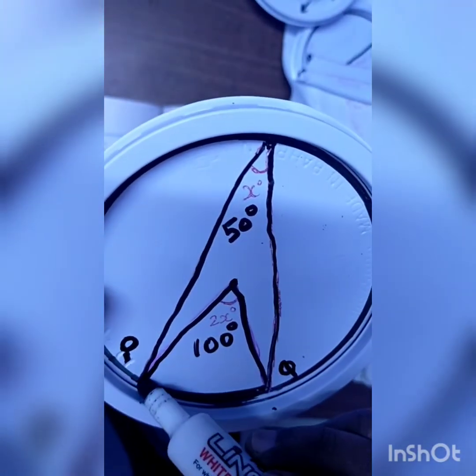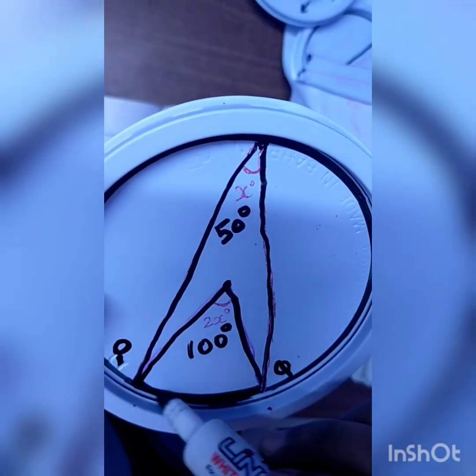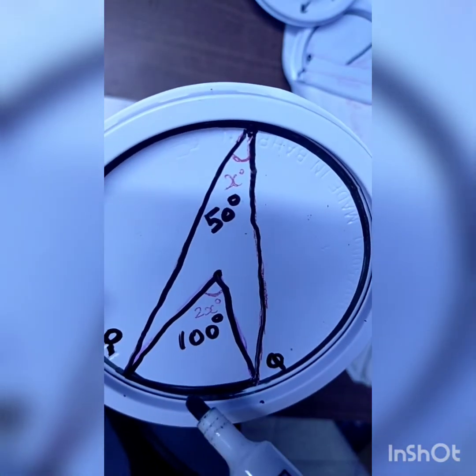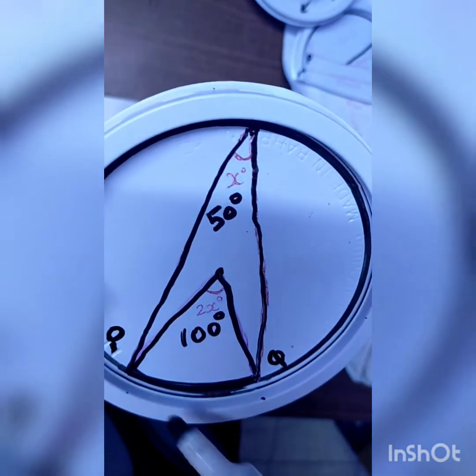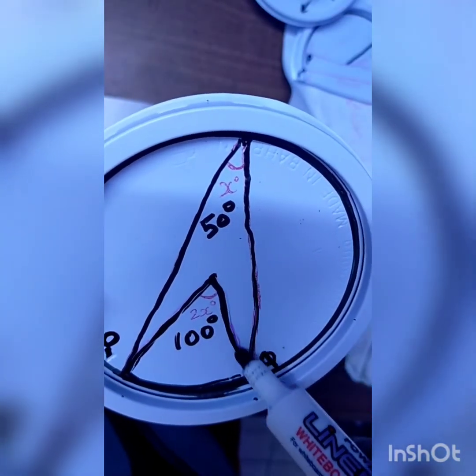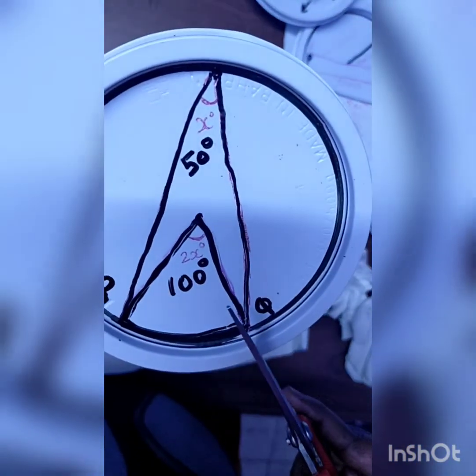Okay. So here the arc is the main thing, children. See, PQ is the arc. The angle subtended by an arc at the center. Okay. So this is the arc.